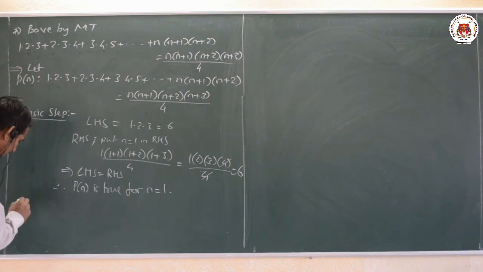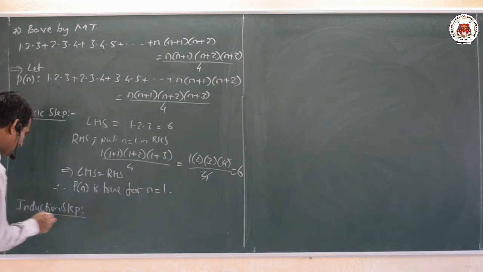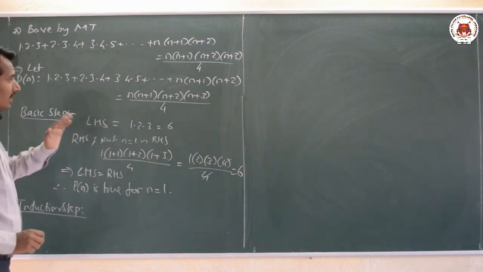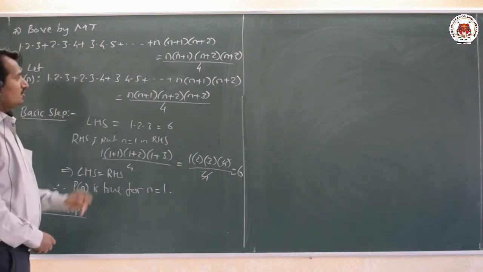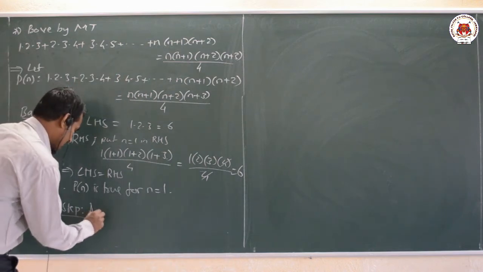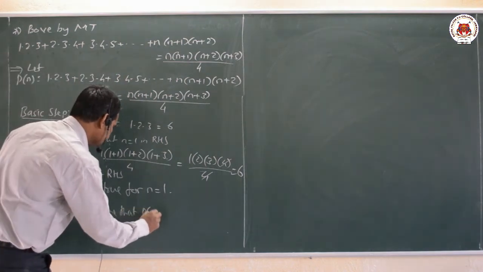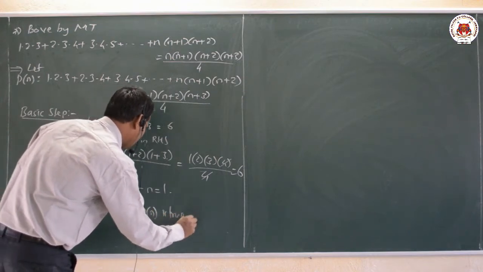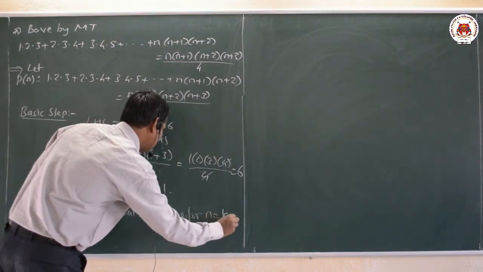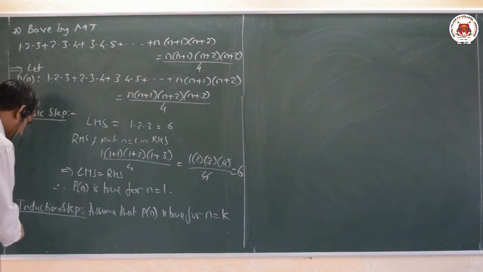Next thing is the induction step. Now what do we have in this induction step? First step is assume. What do we have to assume? Assume that P(n) is true for n equal to k. That means in this whole thing, wherever n is there, I will put k.